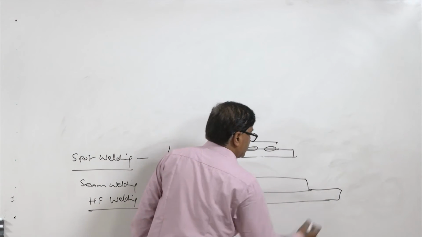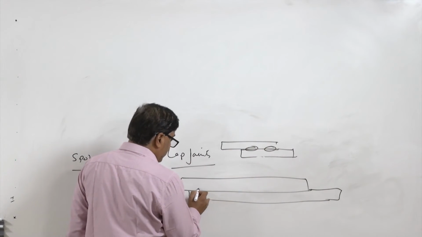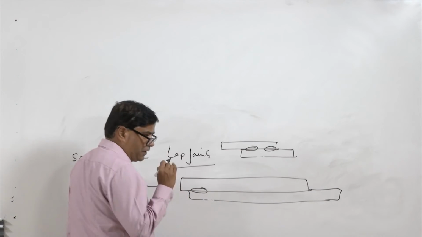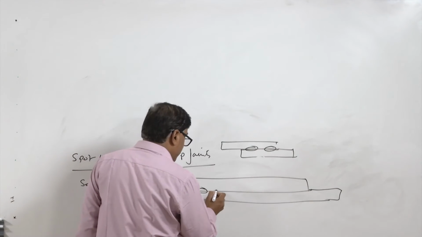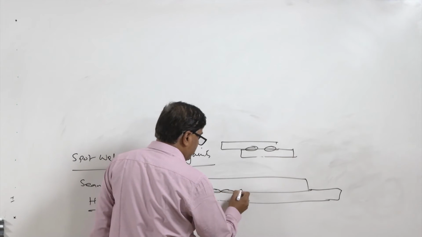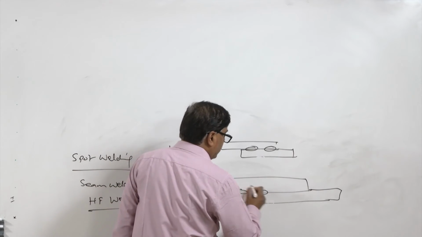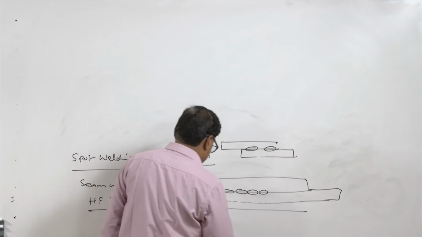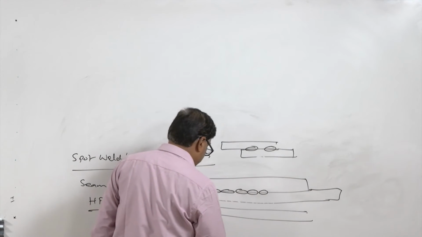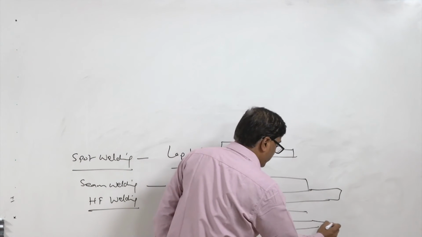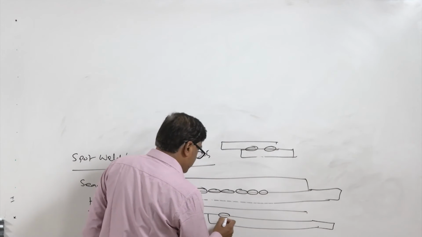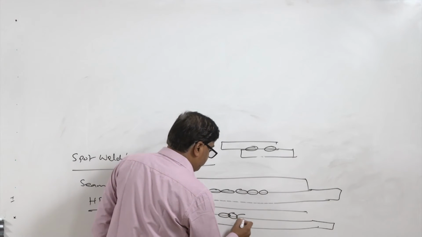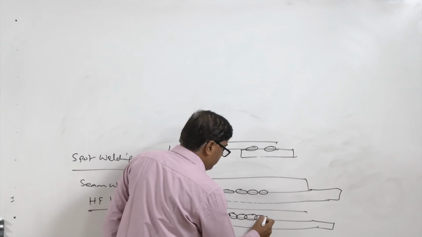the arrangement is slightly different, wherein the spots or the nuggets are either very close to each other like this, or they start overlapping each other. This overlap may be 10 to 40%, or it may be continuous.